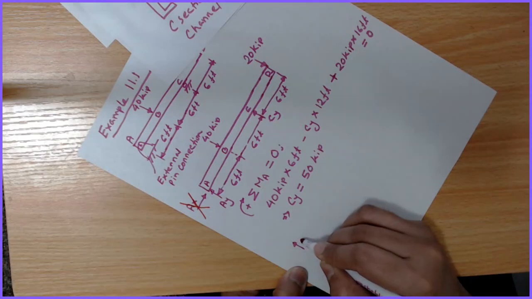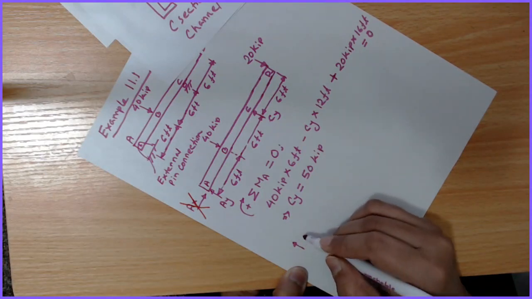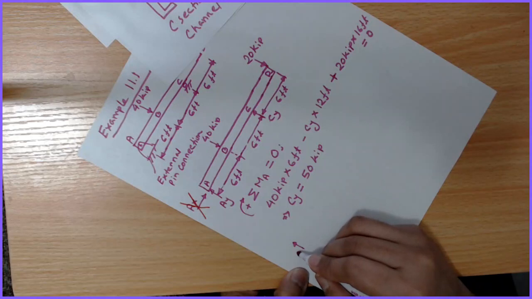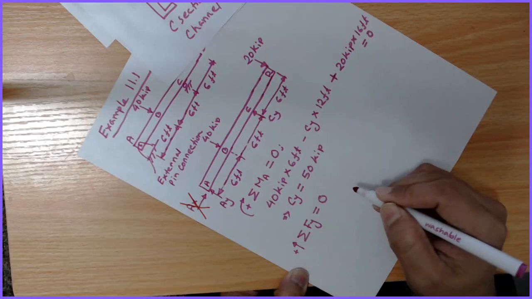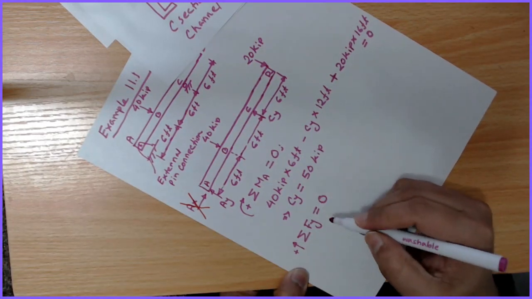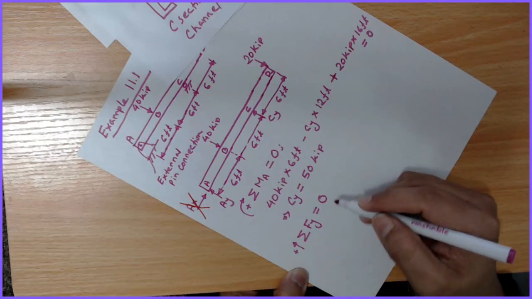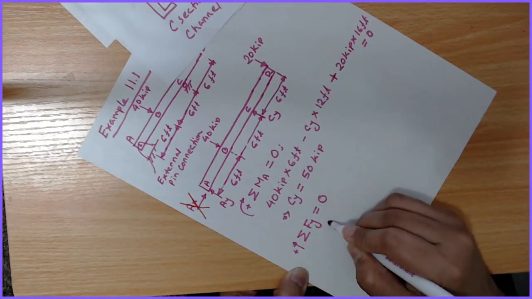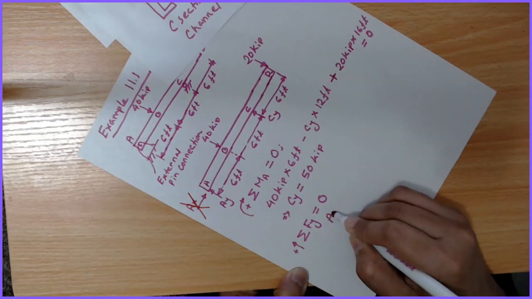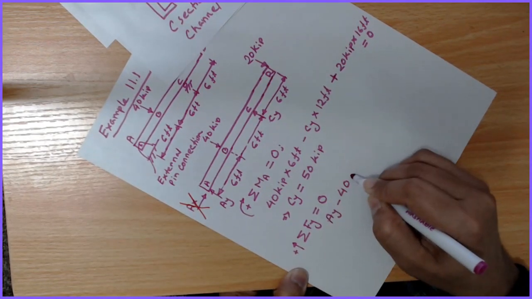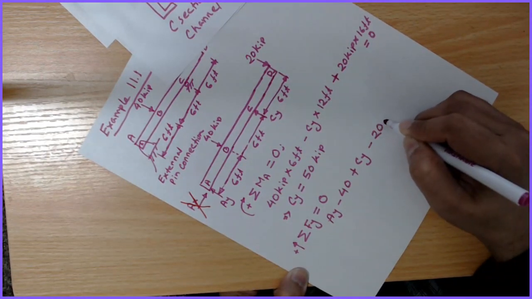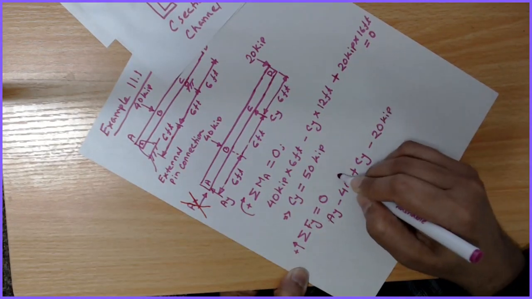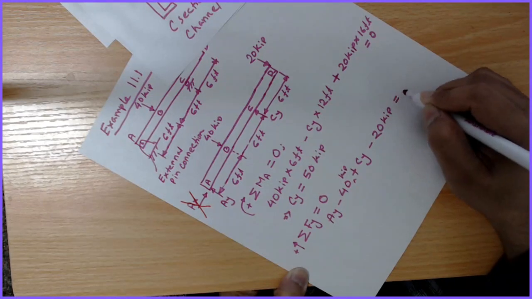The next, I will apply another equilibrium equation, which is summation of forces in the y direction is 0, and in this case the upward forces are positive. If I complete this equation, it is AY minus 40 plus CY minus 20 is going to be 0.